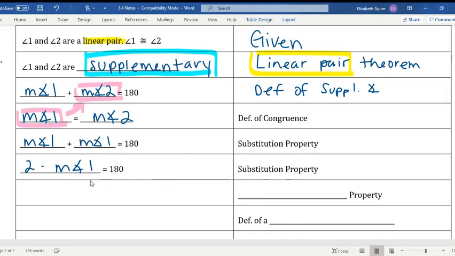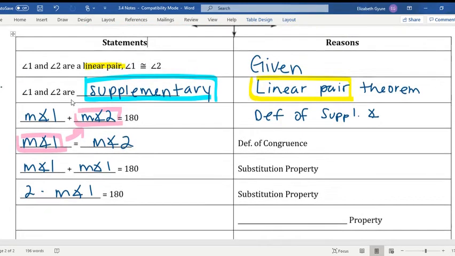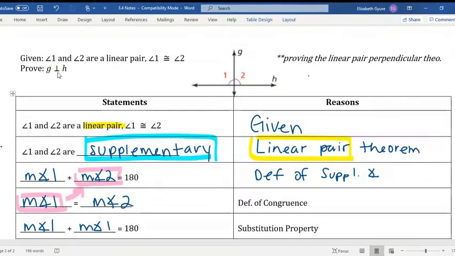Now again, why in the world would I want to do that? Well, if I'm multiplying by 2, can't I divide by 2? And what's 180 divided by 2? 90. Why would a 90-degree angle maybe be helpful if I'm trying to show things are perpendicular? Yeah, you have to have a 90-degree angle for it to be perpendicular.